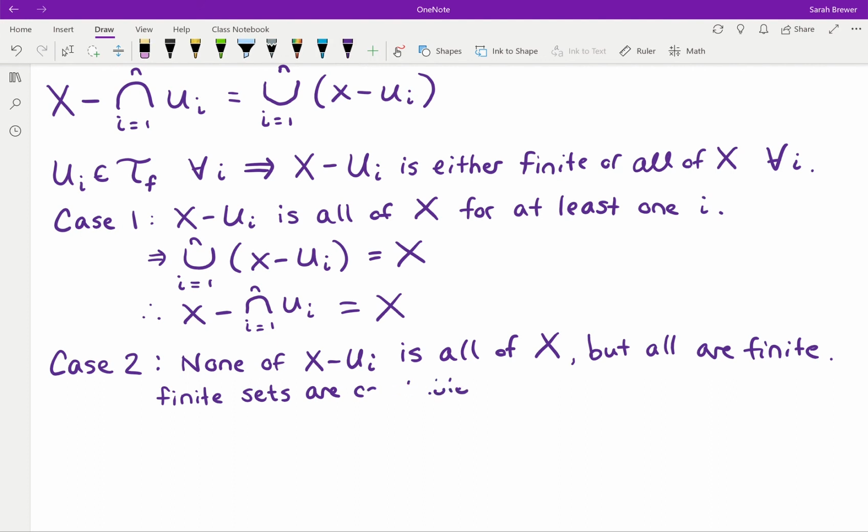Actually, we don't even have to go into countability. A finite union of finite sets is finite is really kind of the best way to say this. So a finite union of finite sets is finite, right?